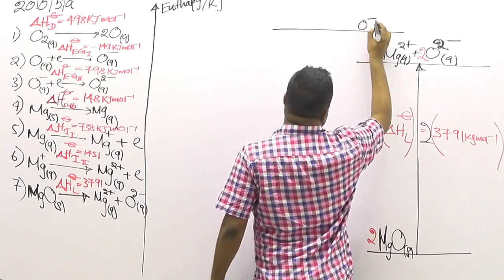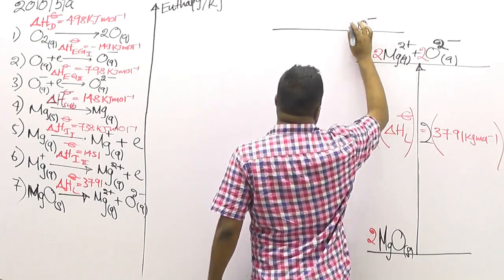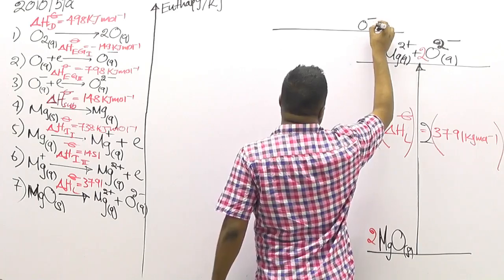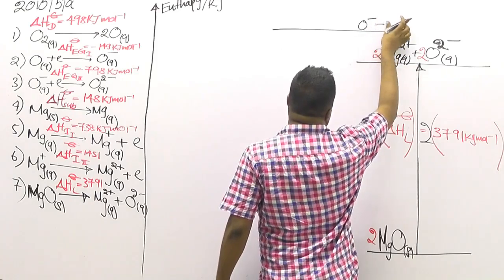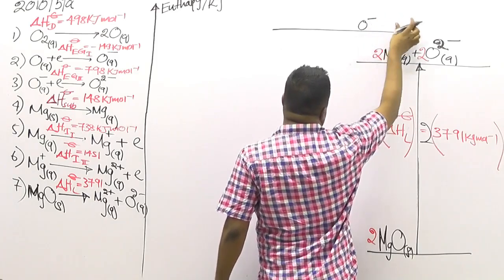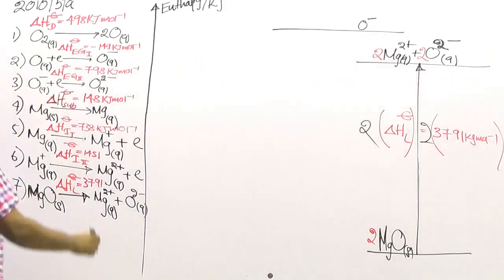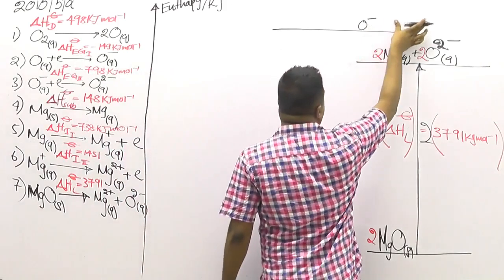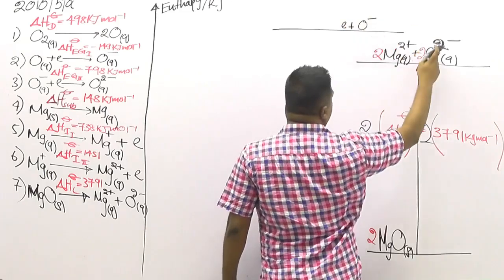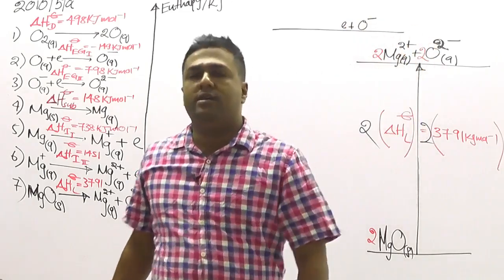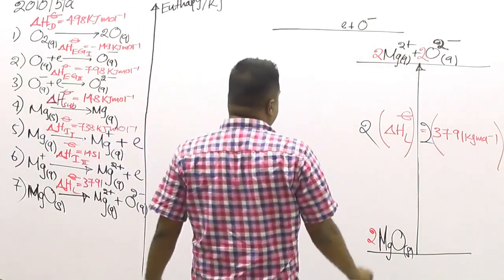O minus with 1 electron, you get O2 minus.